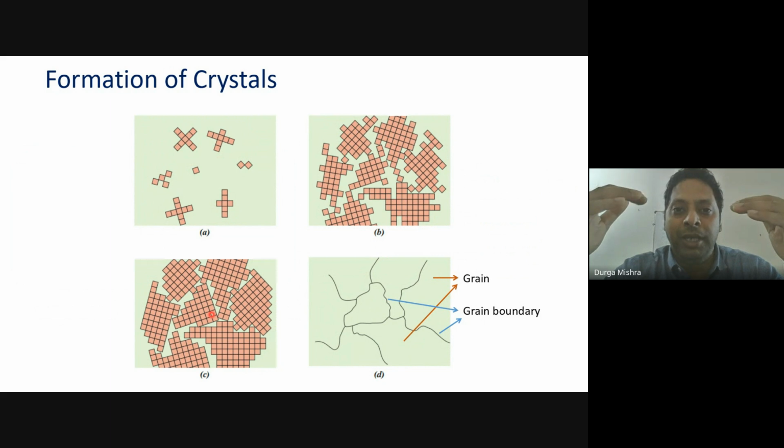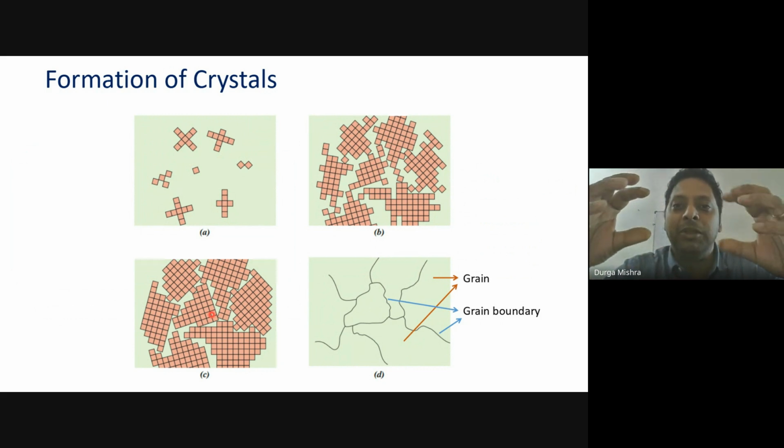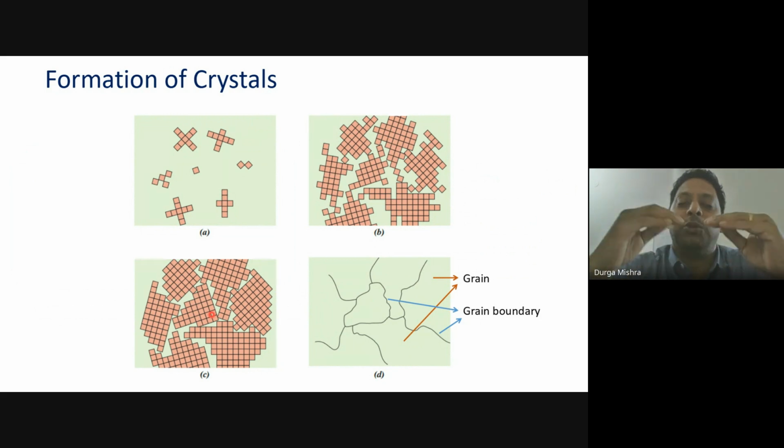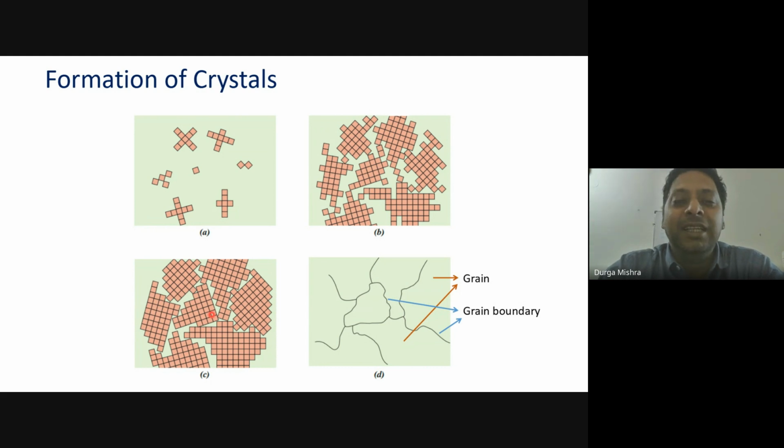Now if you want to reduce this random motion and make it stable, but you want to make it in a perfect orientation, you give enough time to cool down. So typically when you cool down, it will be of the order of 1 degree, maybe per hour or per few hours. So 1 degree Celsius change in temperature per hour.